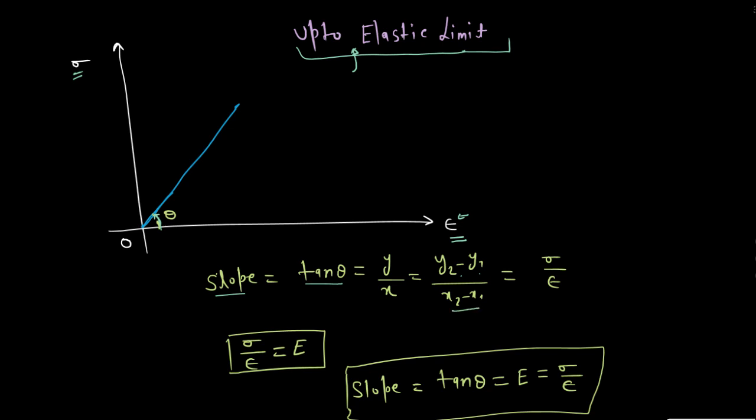If we measure this from the graph, we have slope is equal to sigma by epsilon, and we know sigma by epsilon is equal to E. Then slope is equal to tan theta is equal to the modulus of elasticity is equal to sigma by epsilon.